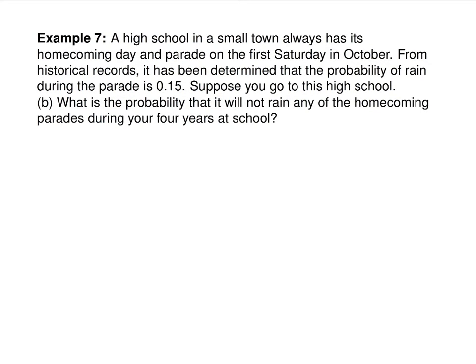So what is the probability that it will not rain for any of the homecoming parades during your 4 years at school? And you have to assume that from 1 year to the next is independent. So let's let R equal rain, in which case our complement is no rain.